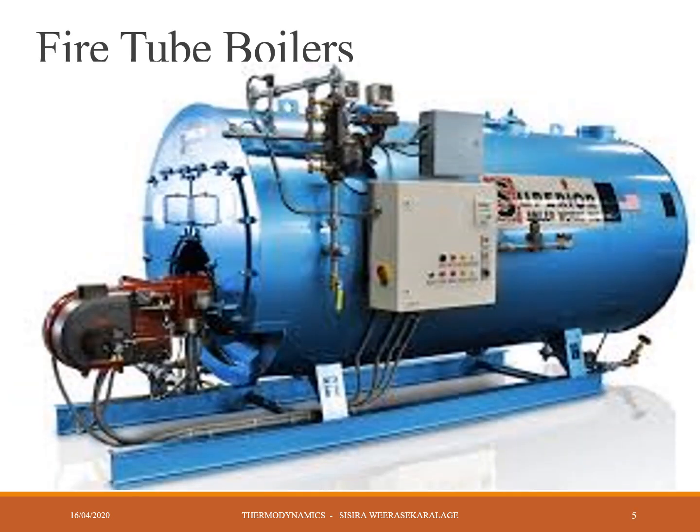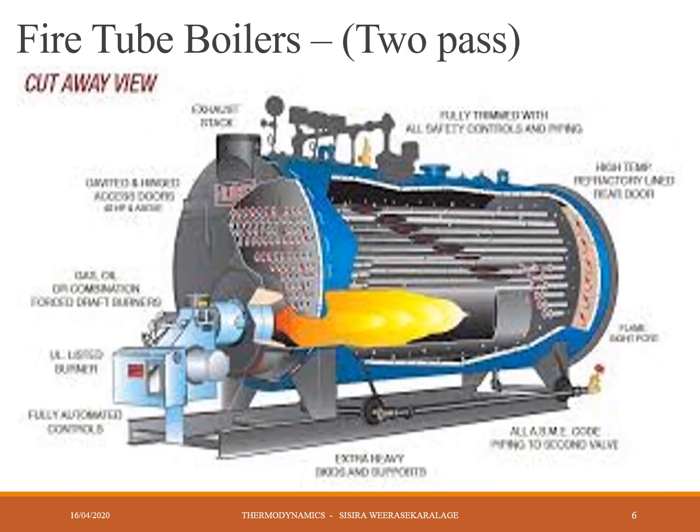This is how you see an industrial boiler from outside. This is a package type boiler. If you see it from outside, it looks like this smaller one. This is also a fire tube boiler, but here it is a two-pass boiler.